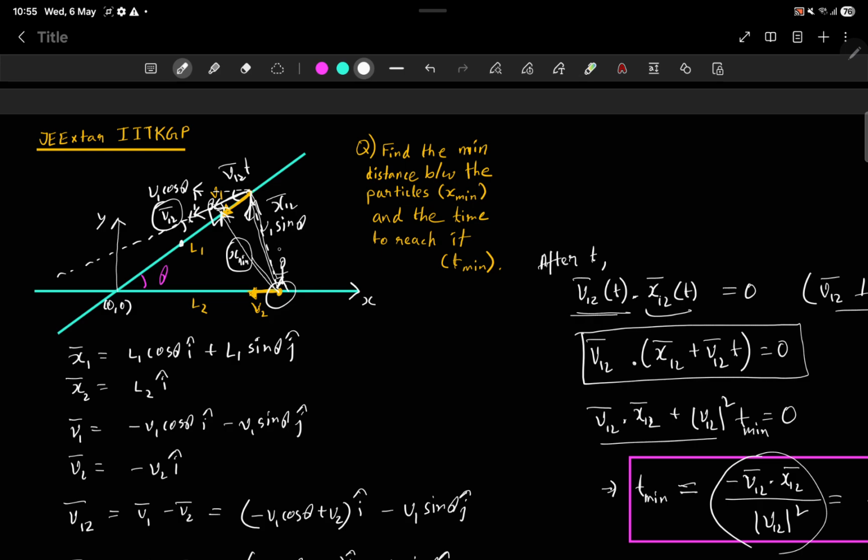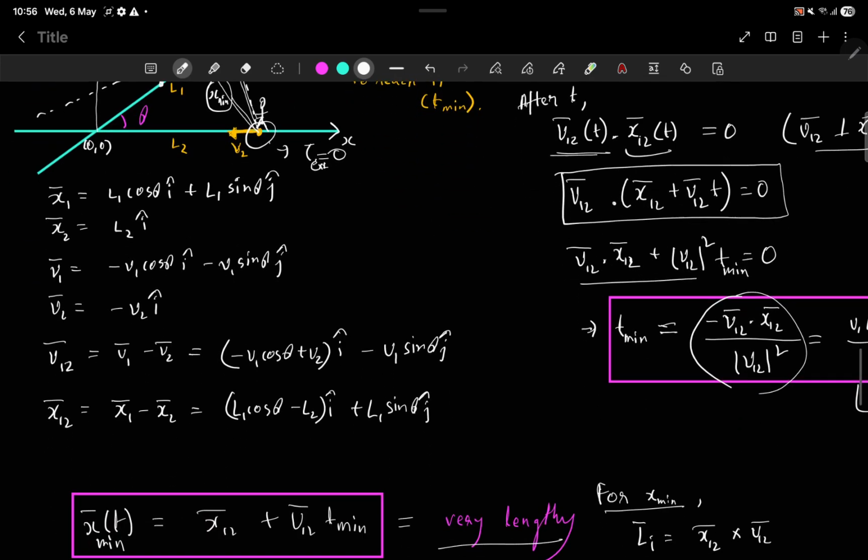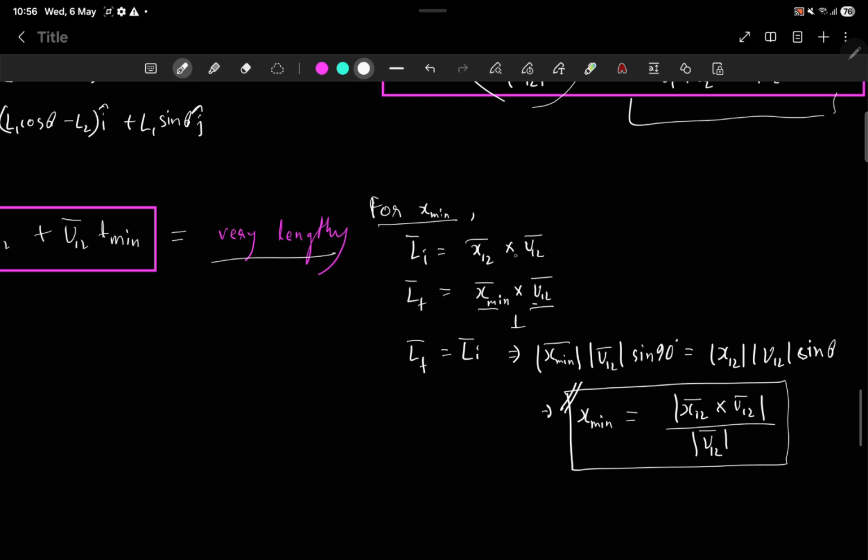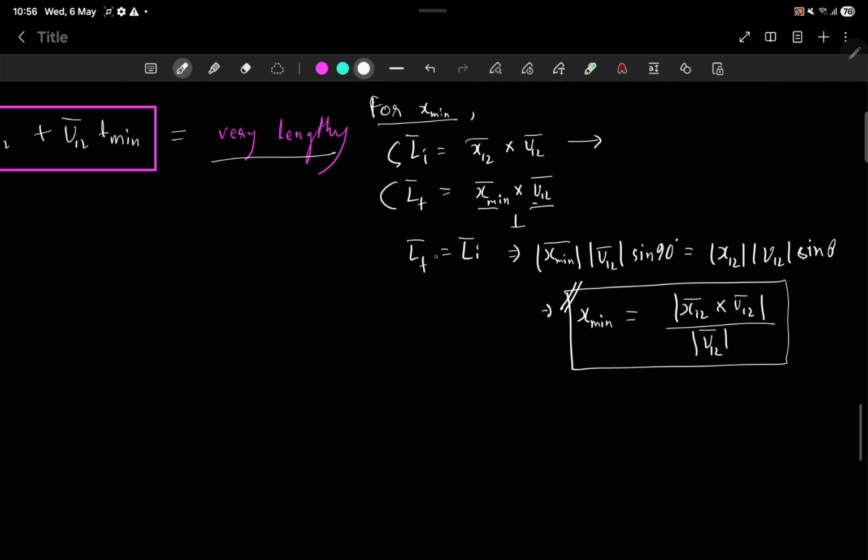So the angular momentum will be conserved, because the external torque about this point is 0. That is what I have done here. x12 cross v12 is the initial angular momentum, and this is the final angular momentum at minimum distance. As these are perpendicular, I have written it like this.